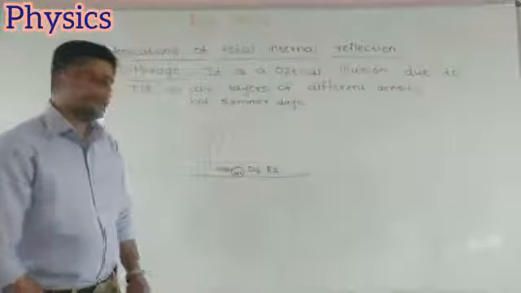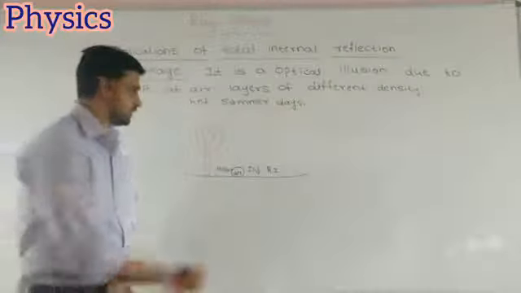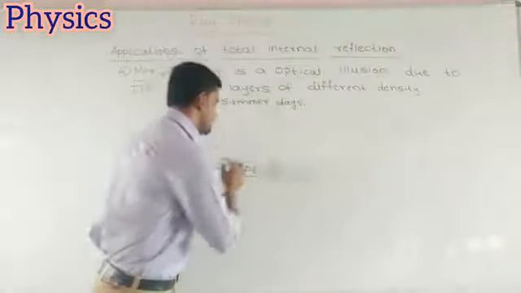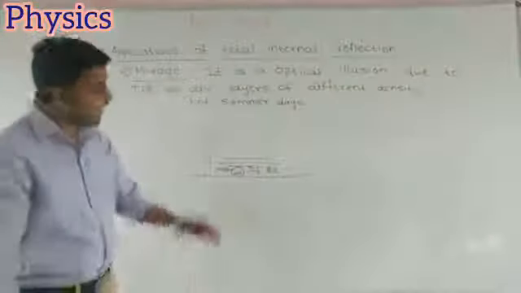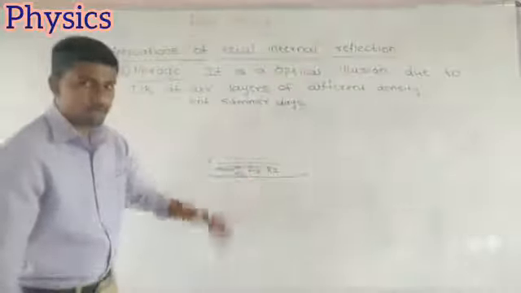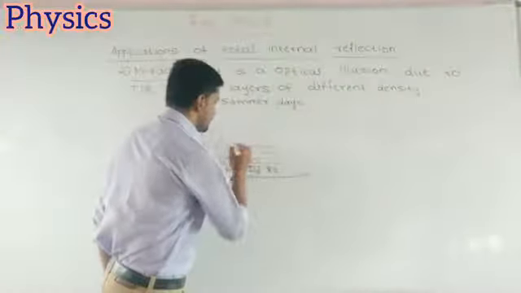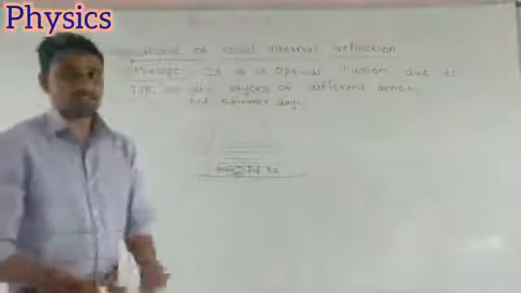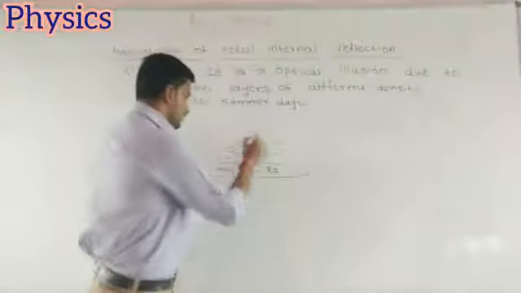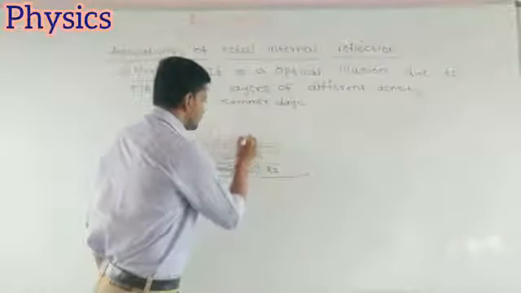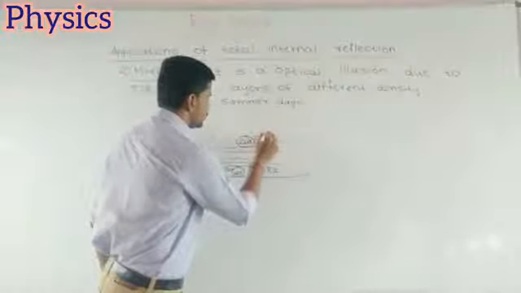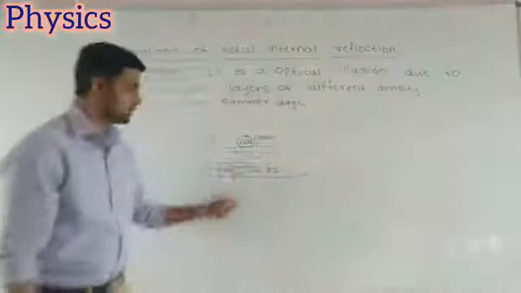Because of that, the air layers near the ground behave as a rarer medium. Above the ground level, the air layers are much denser, because the air layers above the ground are cooler compared to the air layer near the ground.